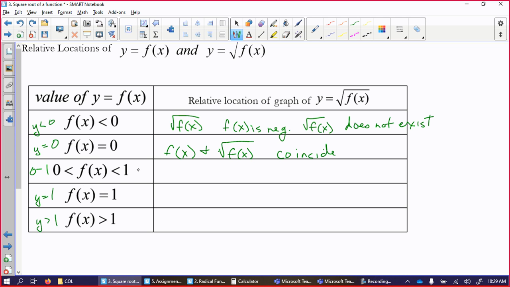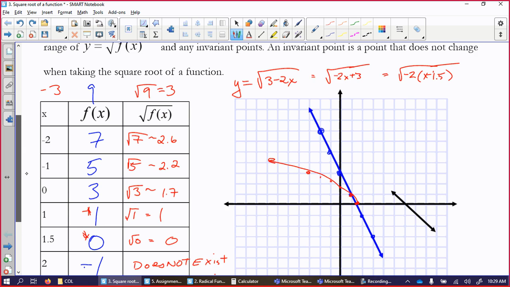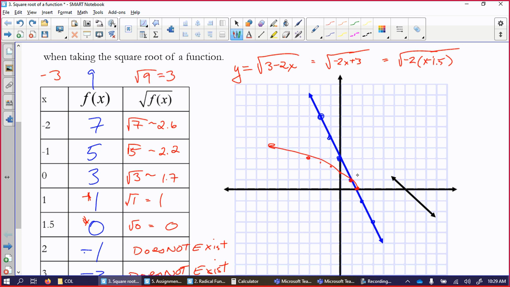So this is between 0 and 1. Now, this is where we get the whole, well, what's the square root of a quarter? It's a half. So technically, the square root of f of x is above the function. It's really hard to tell here based on my graph, but we have this itty bitty little spot based on how that curve is.